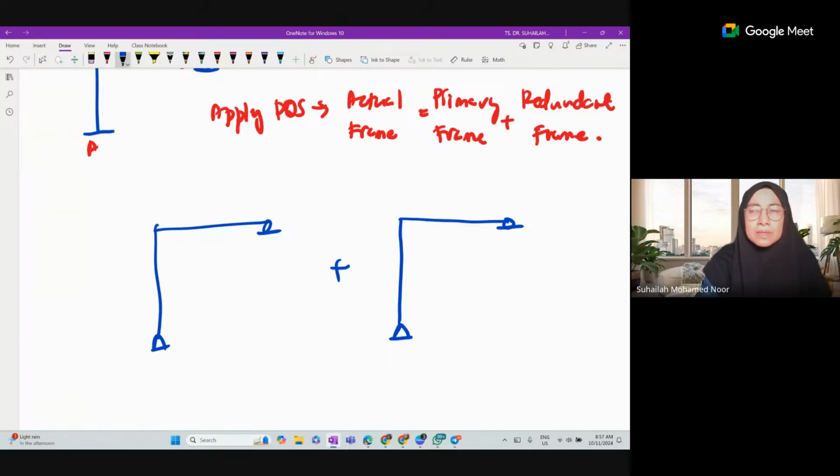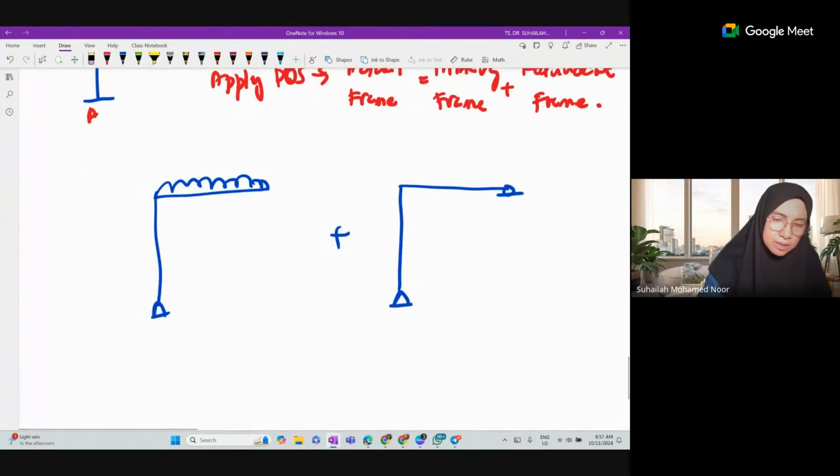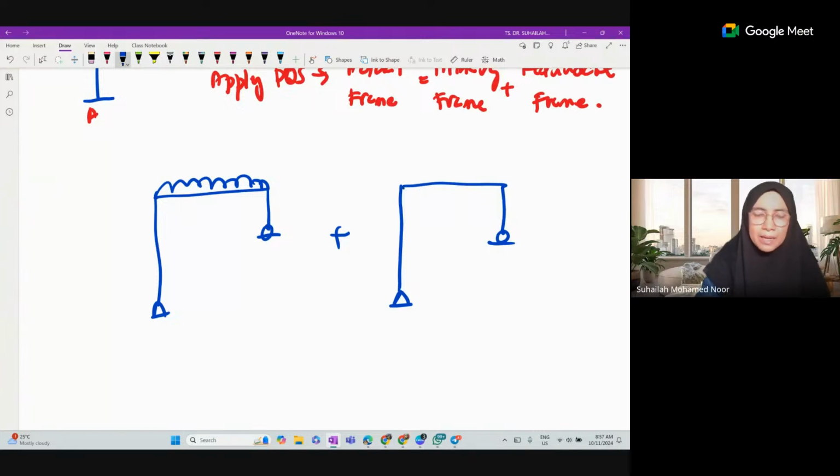The first one, the primary frame, remains with all external loading: the UDL remains, the moment remains, the point load remains, with the roller as before. The only thing we remove from there is the moment at A.